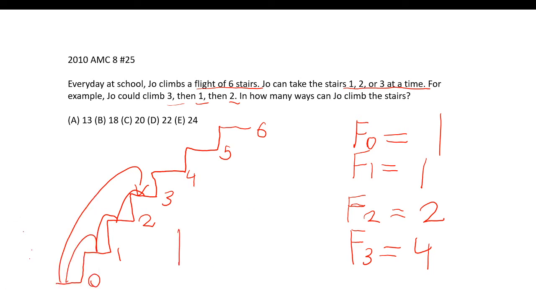The way we got F3 is by summing F0 plus F1 plus F2. And that makes sense since we have 3 steps that we can take at max. So this makes sense. Now, when I'm doing my F4, I'm expecting just to sum these all up. Right? That's what we are expecting when we have our recursive formula.